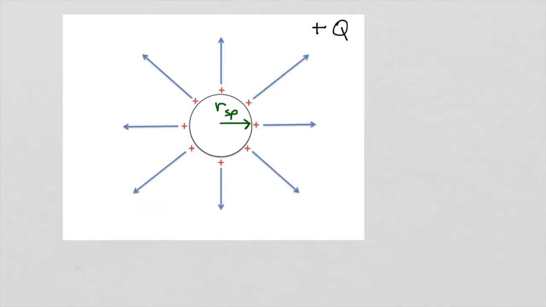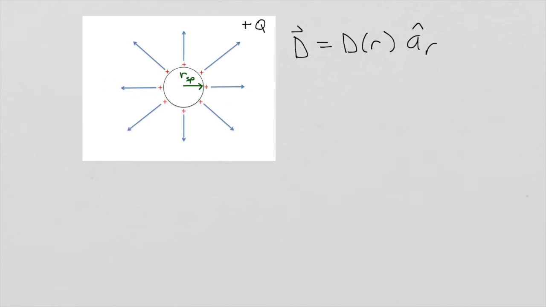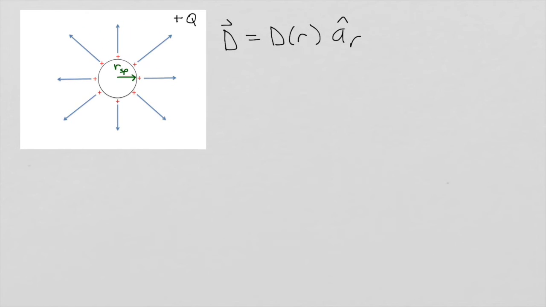From the symmetry, the form of the electric flux density field is going to be a function of r and only in the radial direction. This will be for a radius greater than the radius of the sphere, and when the radius is less than the radius of the sphere, the electric flux density field will be 0.